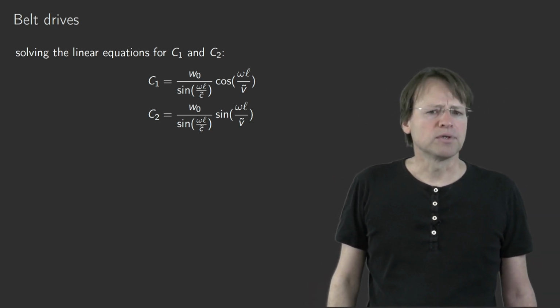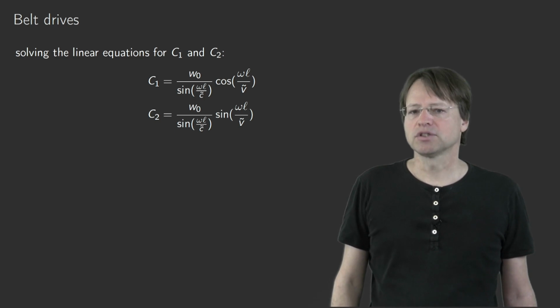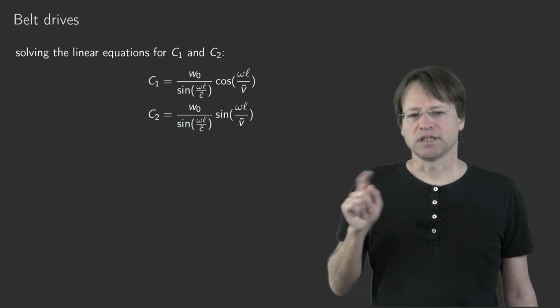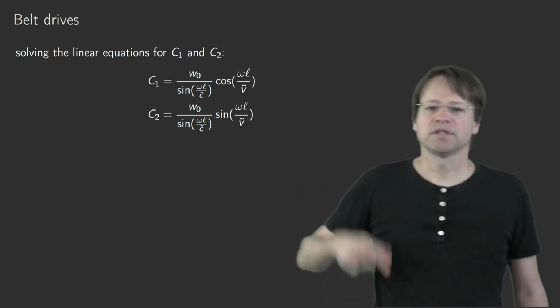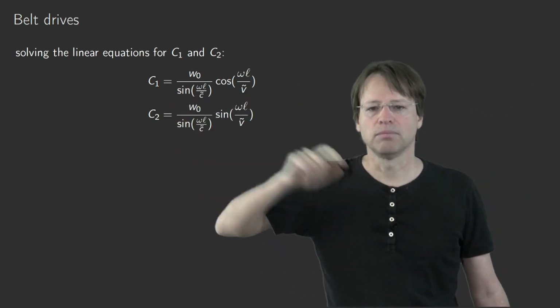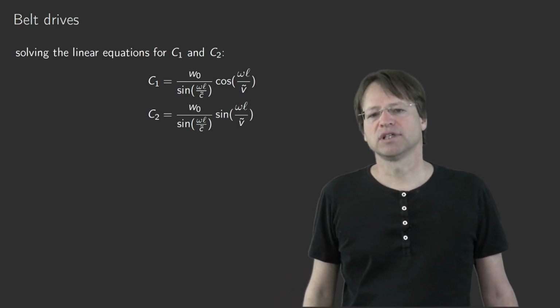Well, there could be resonance, right? Resonance usually would be obtained if an excitation frequency matches a natural frequency. What happens if that excitation frequency omega matches a natural frequency?